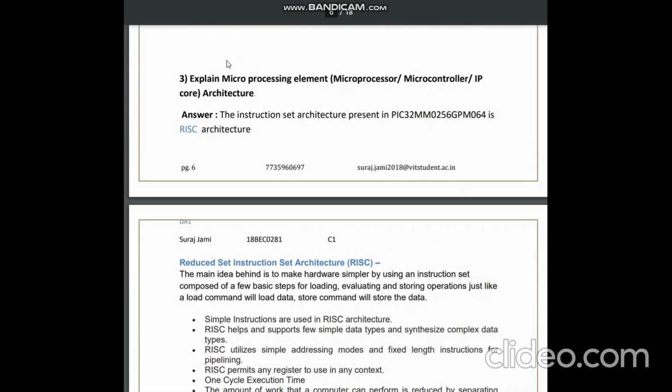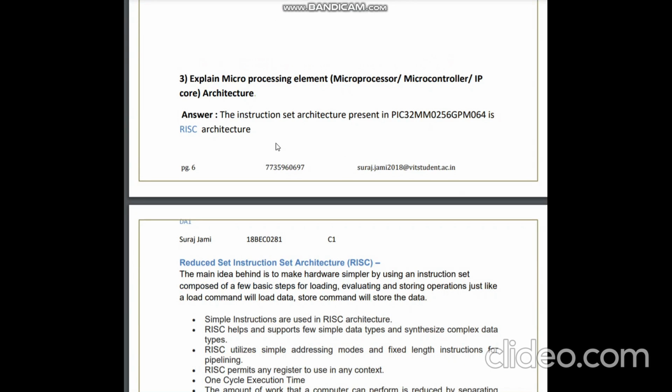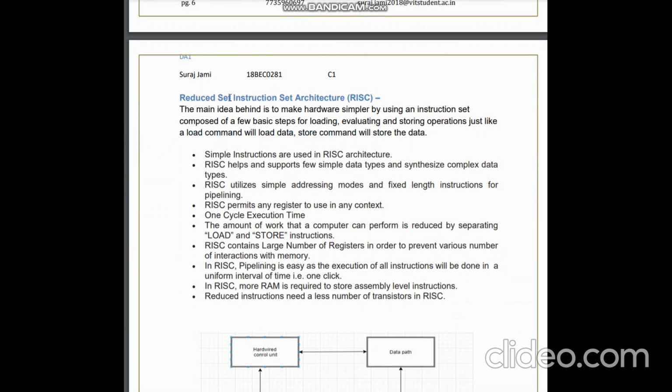This is the third question, which asks to explain the microprocessing element architecture. The instruction set architecture present in PIC32MM0256GPM064 is RISC architecture. What does RISC mean? Reduced instruction set architecture.